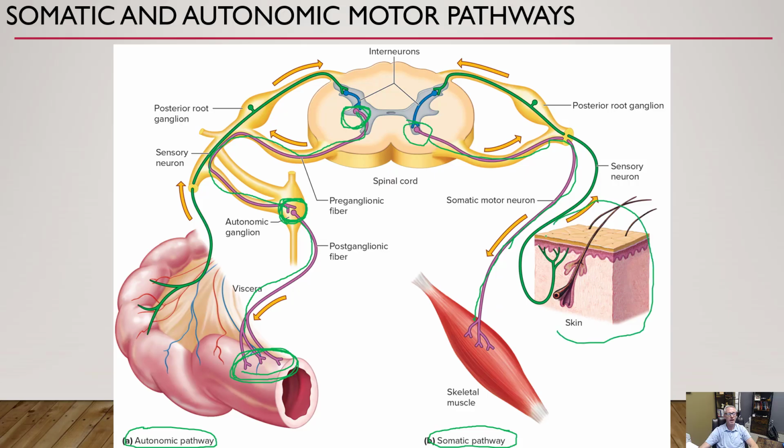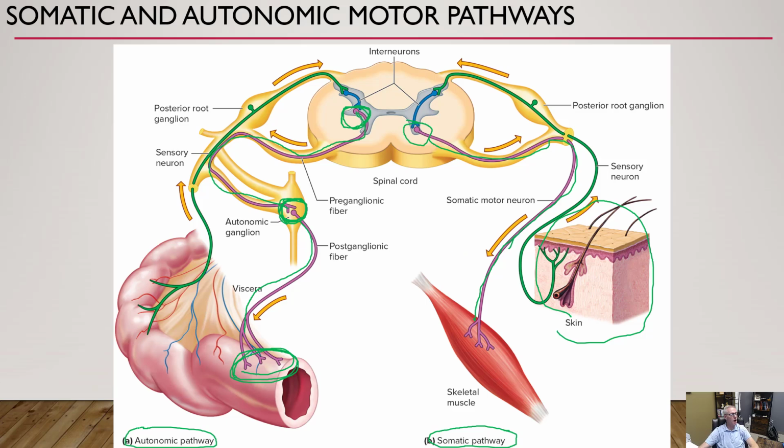This is where we have our 5 components: our receptor, our afferent neuron, our interneuron, our efferent neuron, and our effector.